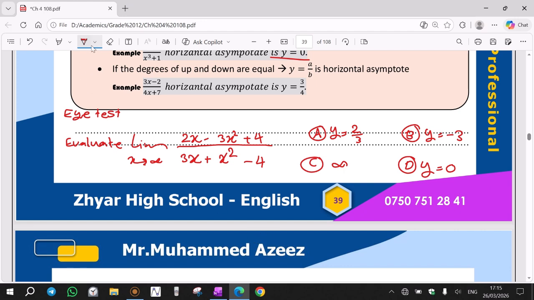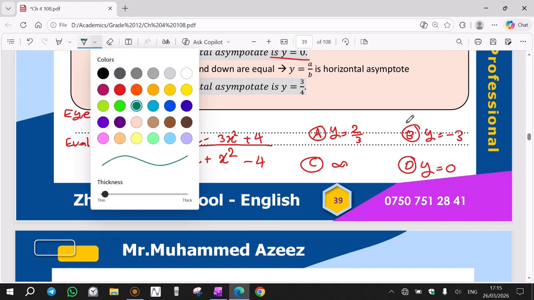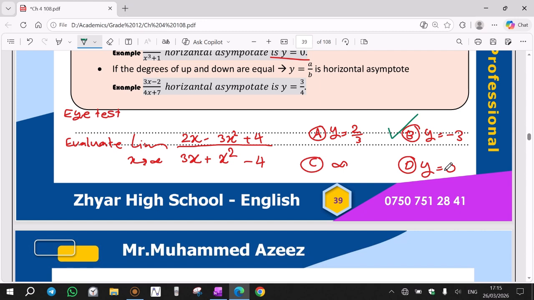The right answer is B, because the highest power in the numerator is 2 and the highest power in the denominator is 2 as well. Then divide their coefficients. Negative 3 divided by 1 is negative 3.